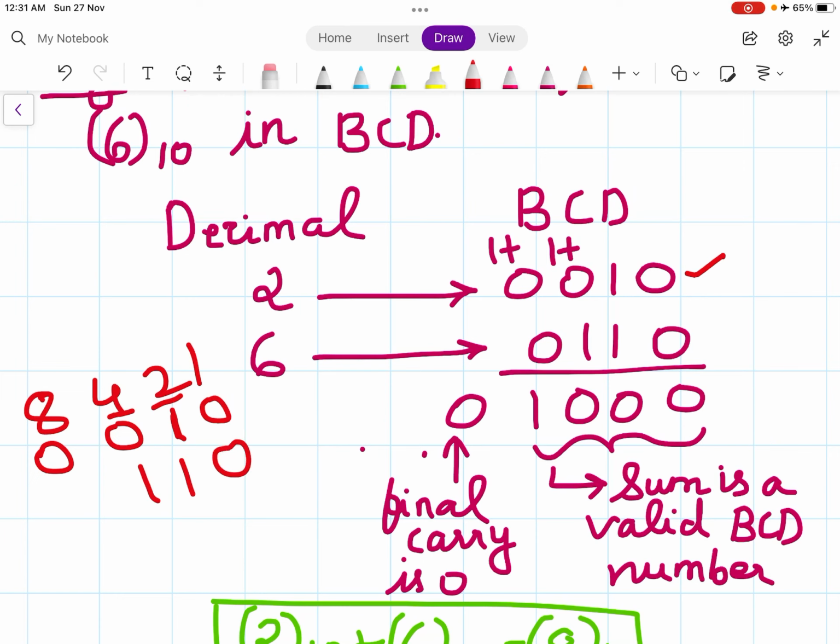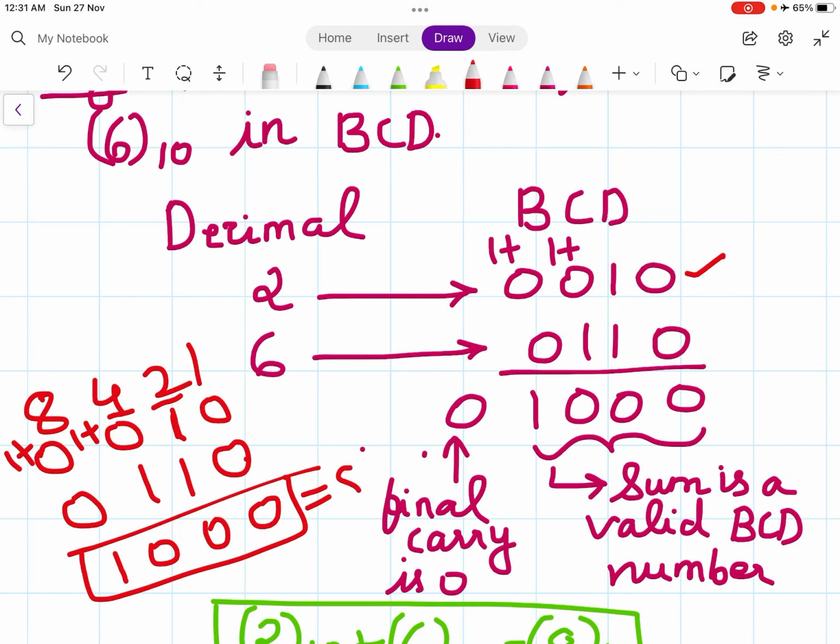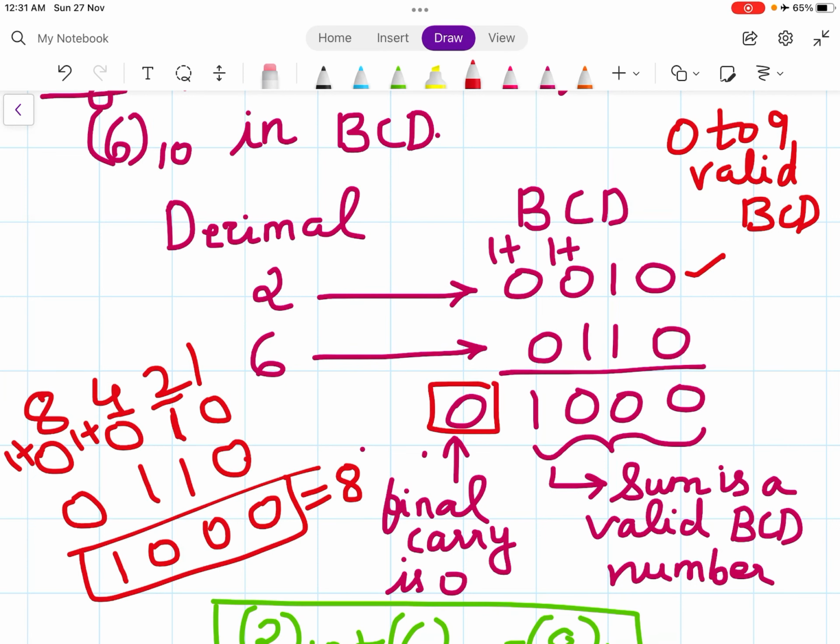So 0 1 1 0. Adding, we get 1 0 0 0. This corresponds to 8. From 0 to 9, you have all valid BCD. So 8 is a valid BCD, and the final carry is 0.